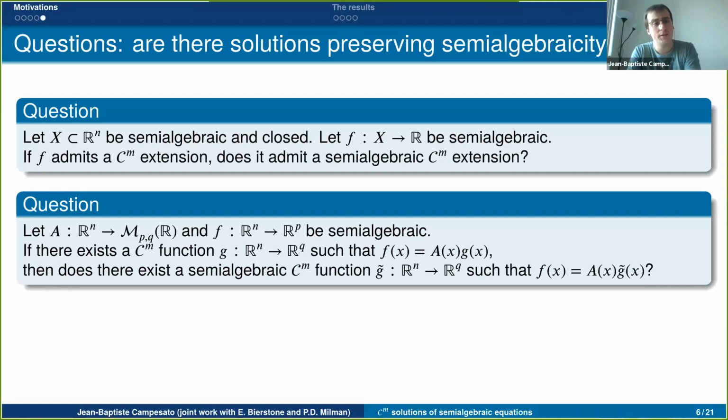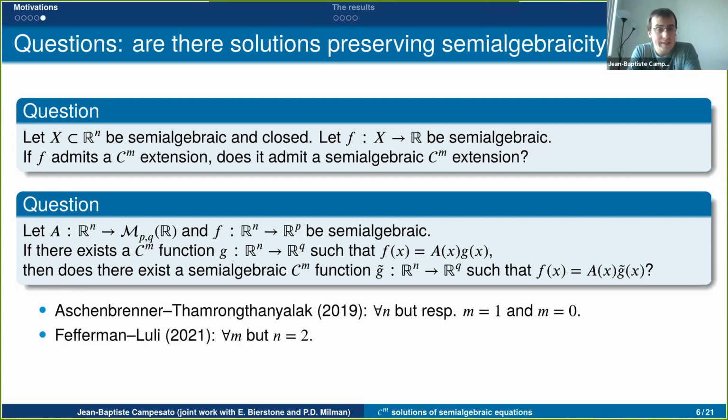So these two questions have been extensively studied recently, and there are some partial results. For instance, Aschenbrenner and Thamrongthanyalak proved the first question for any n, so in any number of variables, but in the C1 case, so when m is equal to 1, and the second question, once again for any n, but for the C0 case, so for continuous functions.